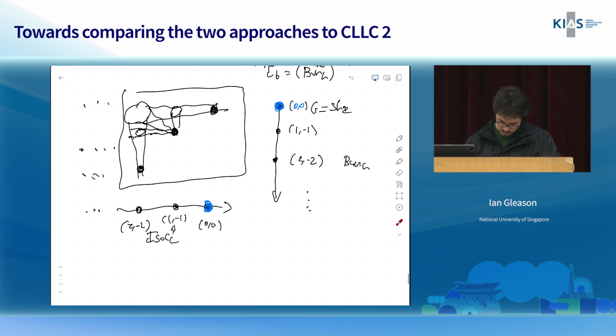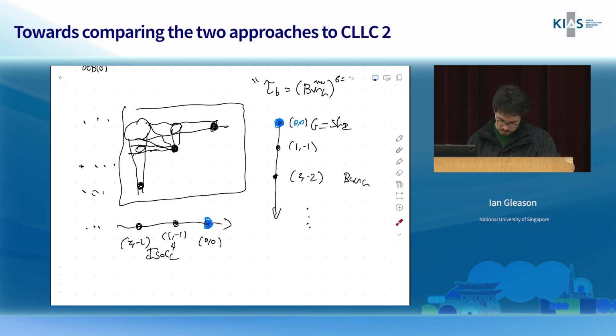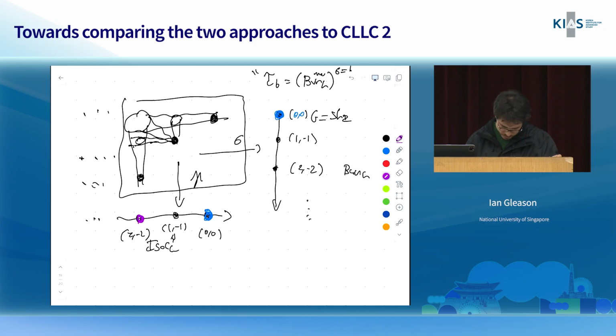And in this drawing, you have this Bun G mirror object, and it has a gamma map towards here, and it has a sigma map towards here. And the geometry of Isoc is just a line. And so if you fix a B, like if you fix this B, then MB will be this.